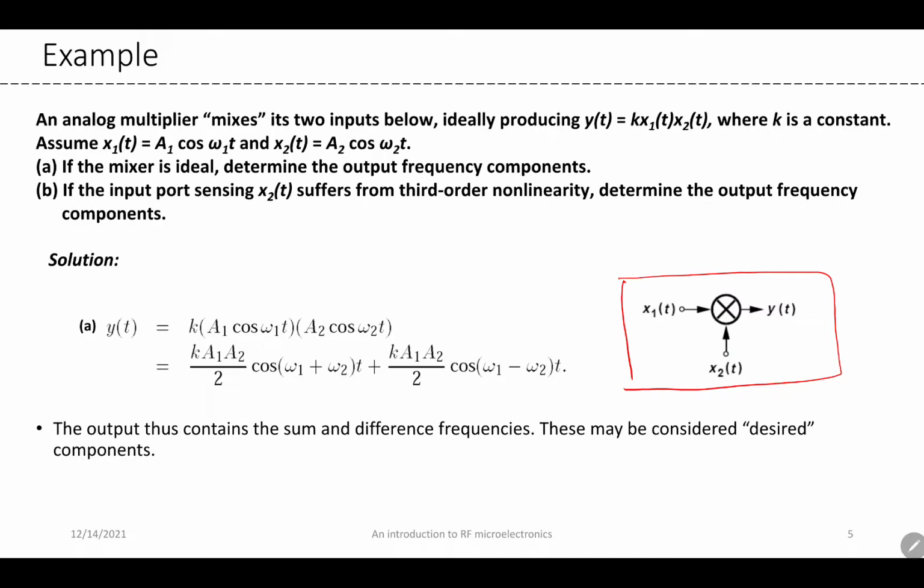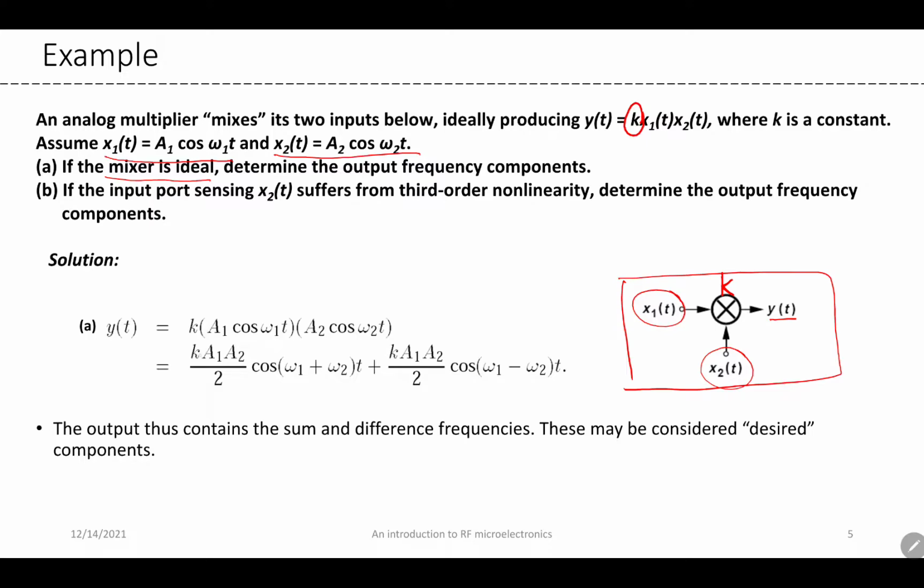So you have y of t, which is a product of x1t and x2t, scaled by a factor k. Now assume x1t is a1 cos omega 1t and x2t is a2 cos omega 2t. If the mixer is ideal, determine the output frequency components.